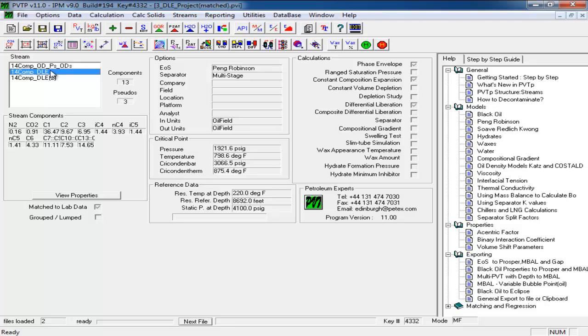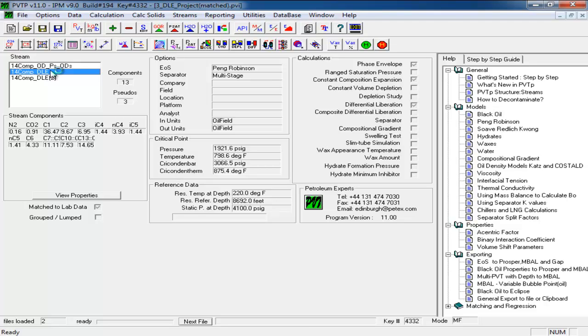Because we actually match relative volume, not oil compressibility. Then the oil compressibility will be calculated from it and should be improved. However, we should only evaluate relative volume. So this was step 2.